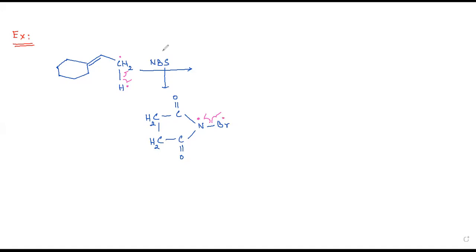So from this NBS, in fact, we get a bromine free radical overall. This is what we get from NBS. Okay, now, let us keep this bromine free radical aside.